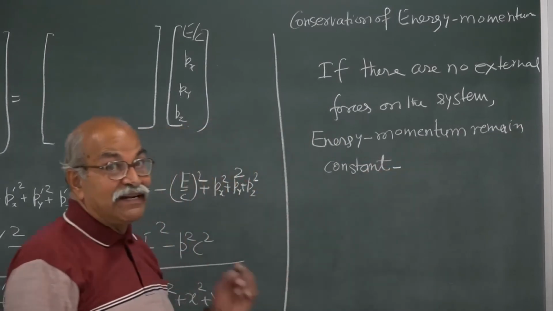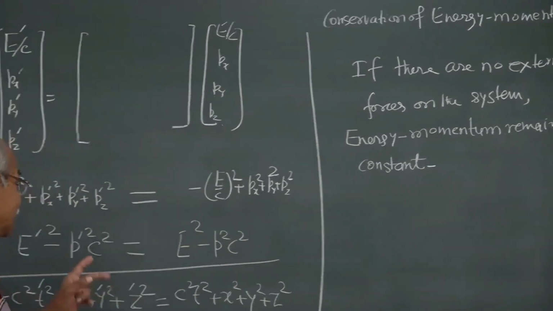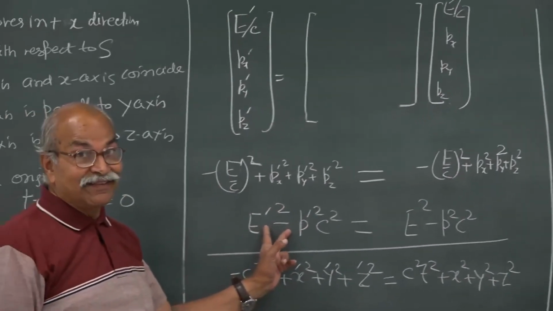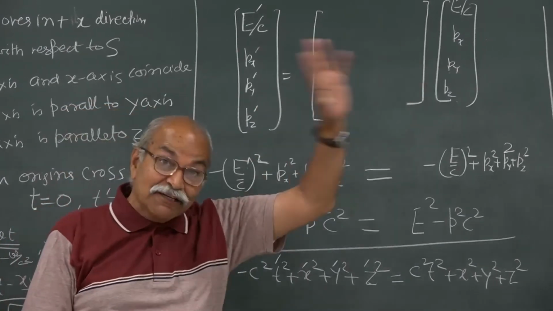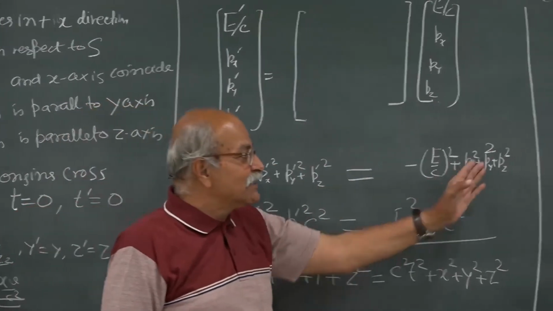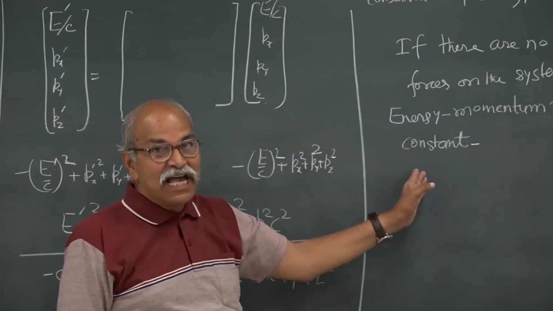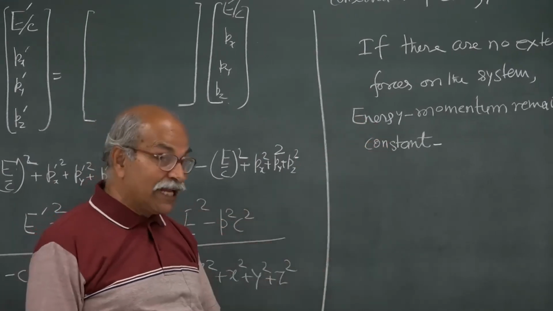Distinguish between invariant and constant. When I say that this is invariant, I have in mind going from one frame to another frame, this quantity does not change. When I am saying this is constant, I have in mind that I am using the same frame.